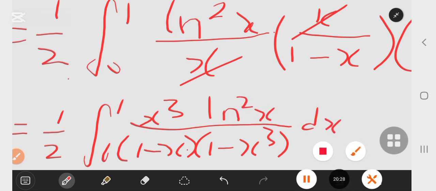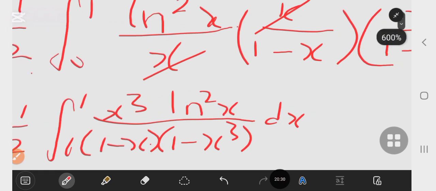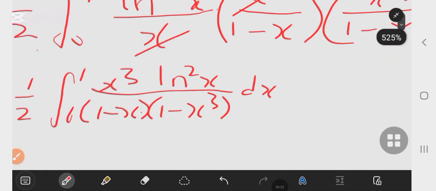Okay, so what I'll do next is decompose this into partial fractions.